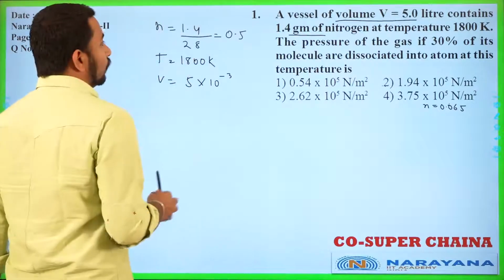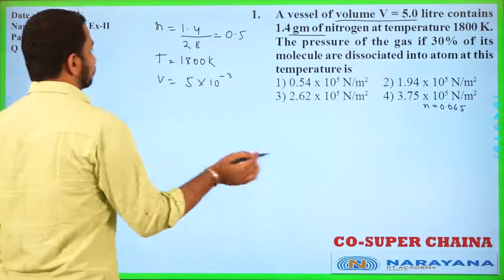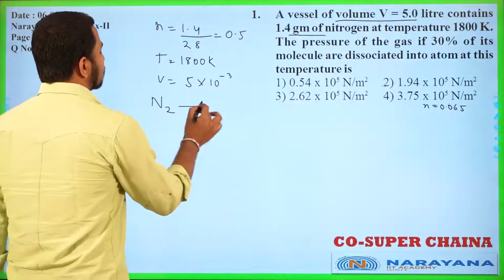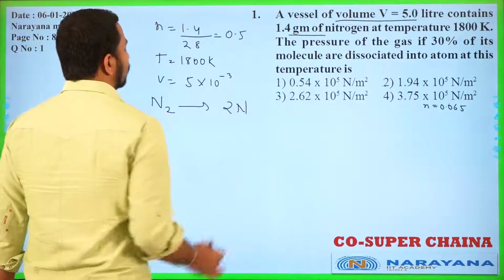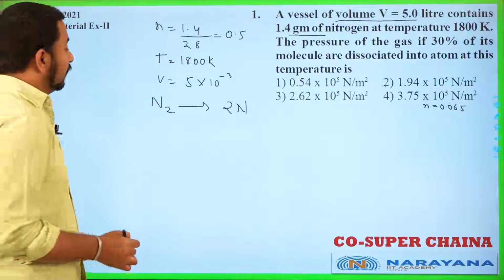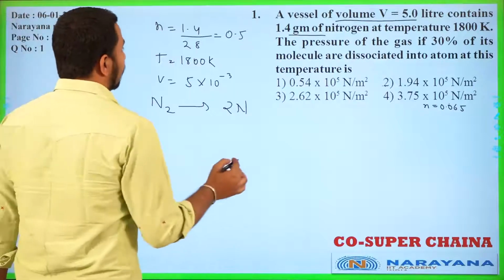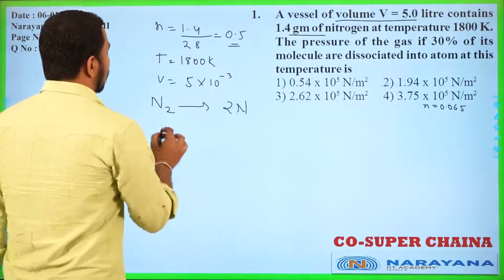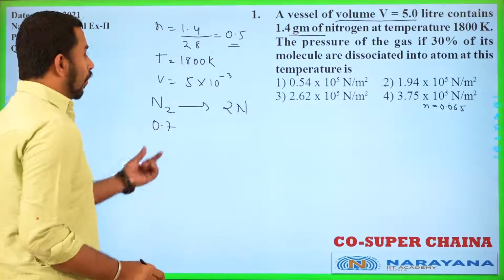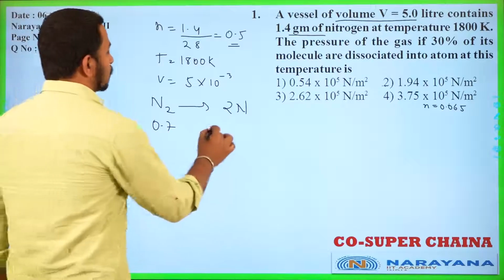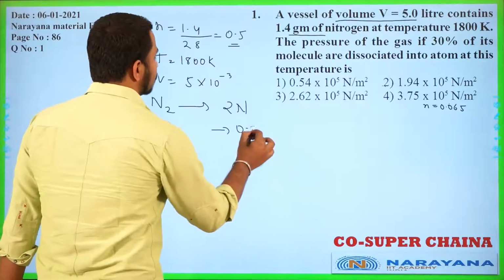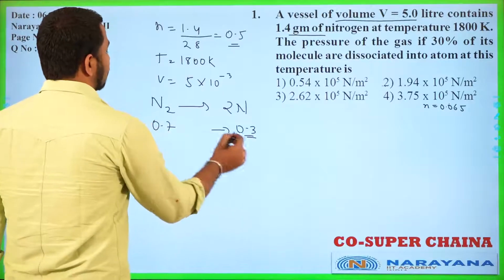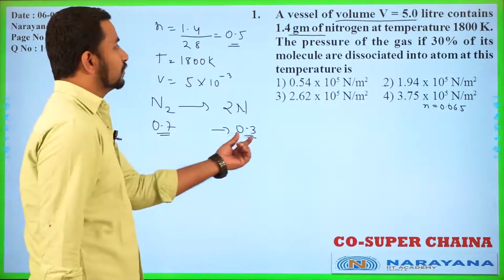N2 is dissociating into 2N, right? So 0.7 of this N2 will remain and 0.3 of it will dissociate.